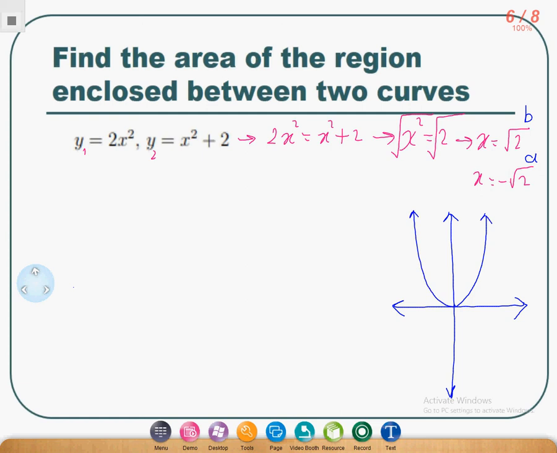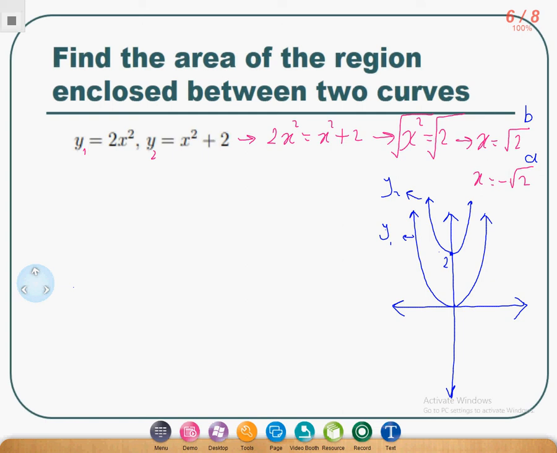This is y1. What about y2, x squared plus 2? You learned it before. It opens upward, but starts from 2 on the y-axis. So this is y2.